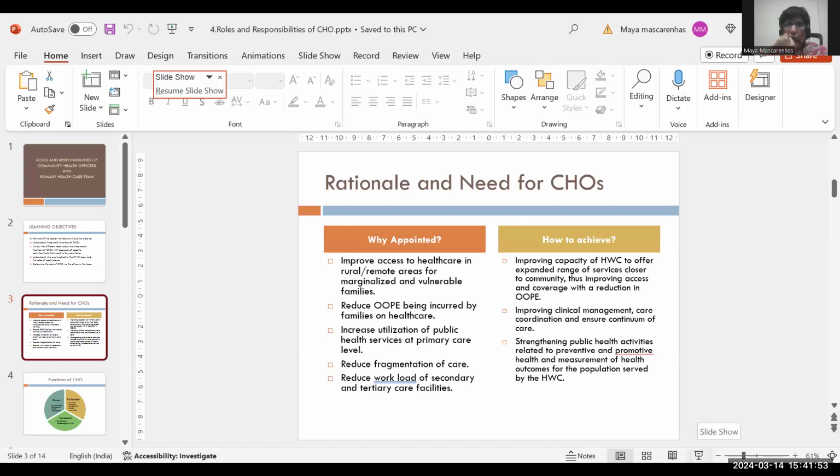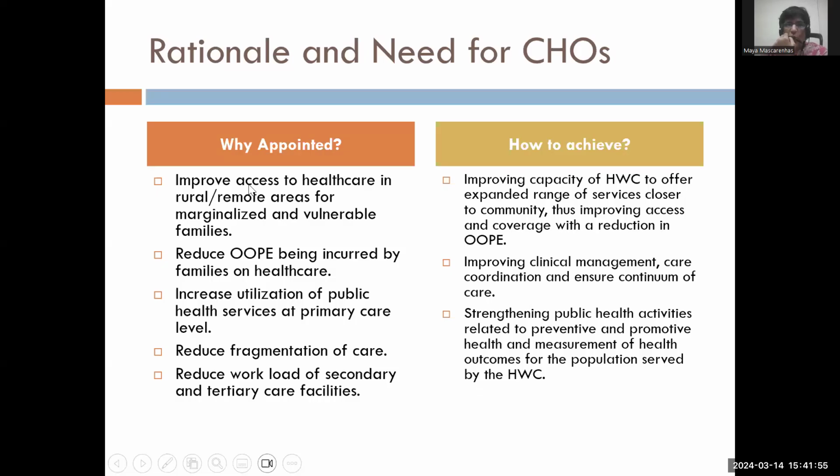Okay. So you are going to be training CHOs. So you know we have understood why we need CHOs and how it will help. The reason it will help are these main reasons. Okay. First, the person from the village doesn't have to go really far away. They can close by, they can get some care, at least basic care. Okay. It will reduce the out of pocket expenditure. That means they will not have to spend from their own private pockets.